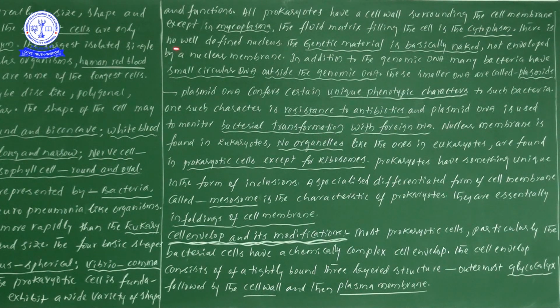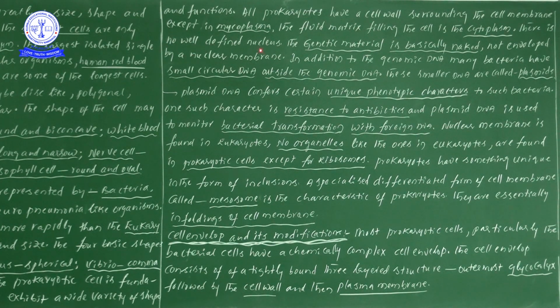Next, there is no well defined nucleus in prokaryotes. In the previous class, what point did we learn? A well defined nucleus is absent, means the nucleus is not surrounded by a nuclear membrane. You understood the point.